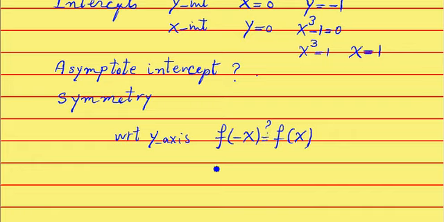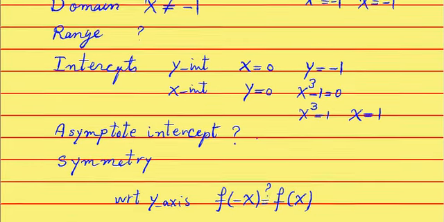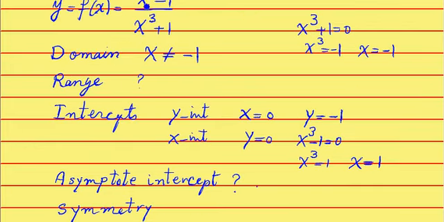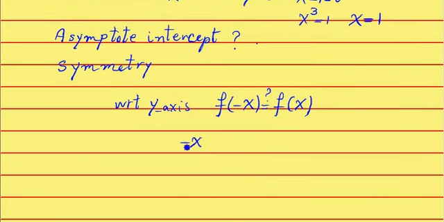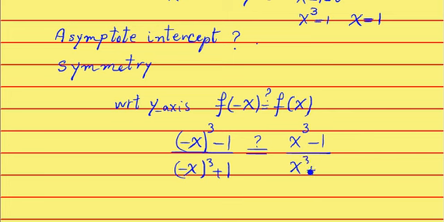Is that true in this problem? Well, let's go ahead. Instead of x, I'm going to put minus x and ask you, if I had minus x cubed minus 1 over minus x cubed plus 1, is that the same as what we start with, x cubed minus 1 over x cubed plus 1?